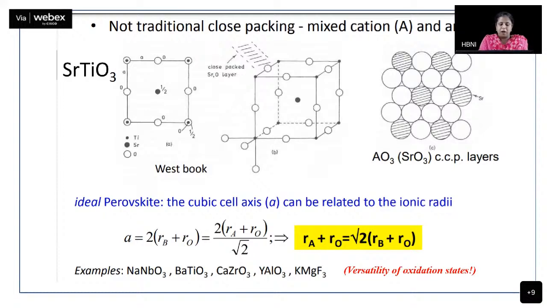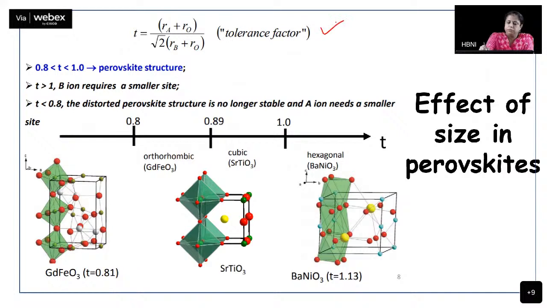Now, in the case of perovskite, there is a term which is called the tolerance factor, or T. It is the one that decides whether the combination of your A cation and B cation will form a perovskite or variants of perovskite.